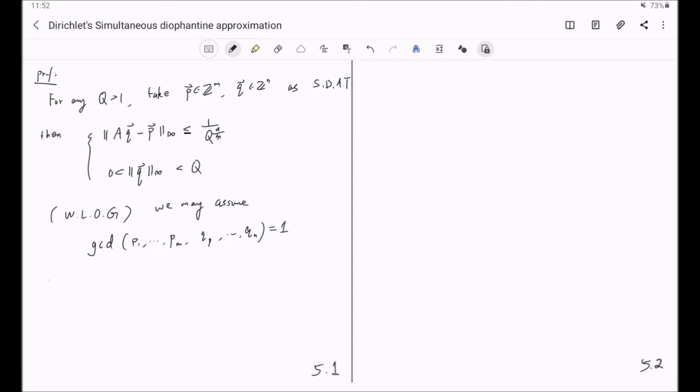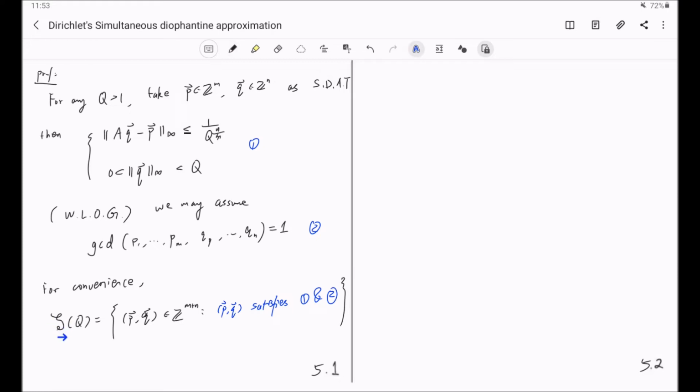And now for convenience, let us denote the set of all those p, q satisfying this relation and this relation, maybe let's call this 1 and this 2, we call the set of all those vectors with p, q satisfying 1 and 2 the set script S of Q. As you can imagine, later you will see the script S of other parameters.